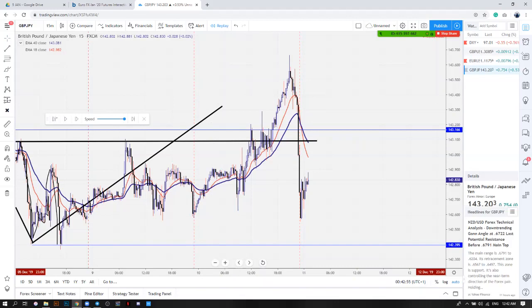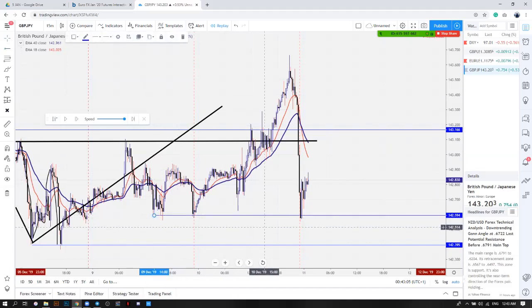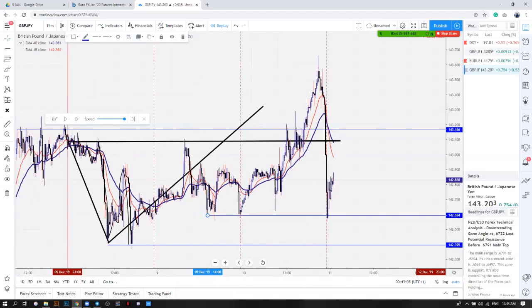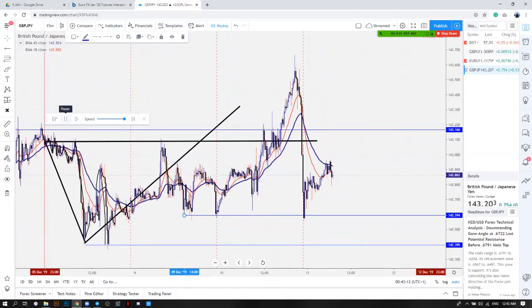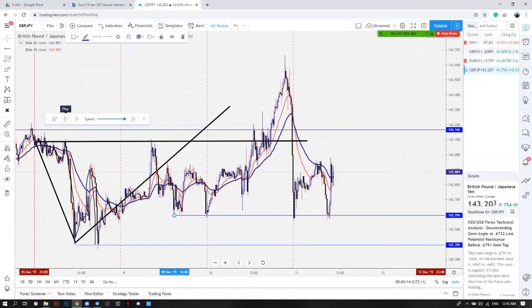Now let's see what you're all going to say for Thursday. While you were sleeping, the market came down and took out equal lows. Perfect. Now let's see what the market does around Asia and London.